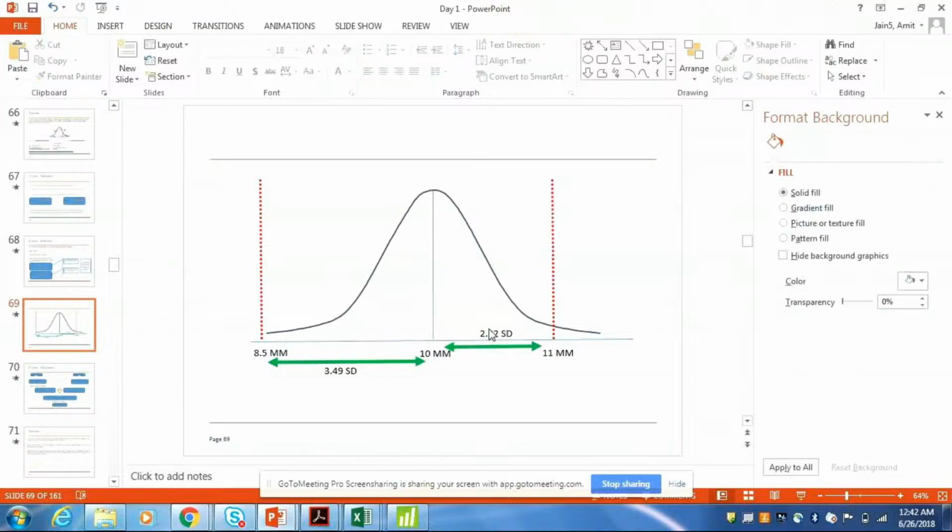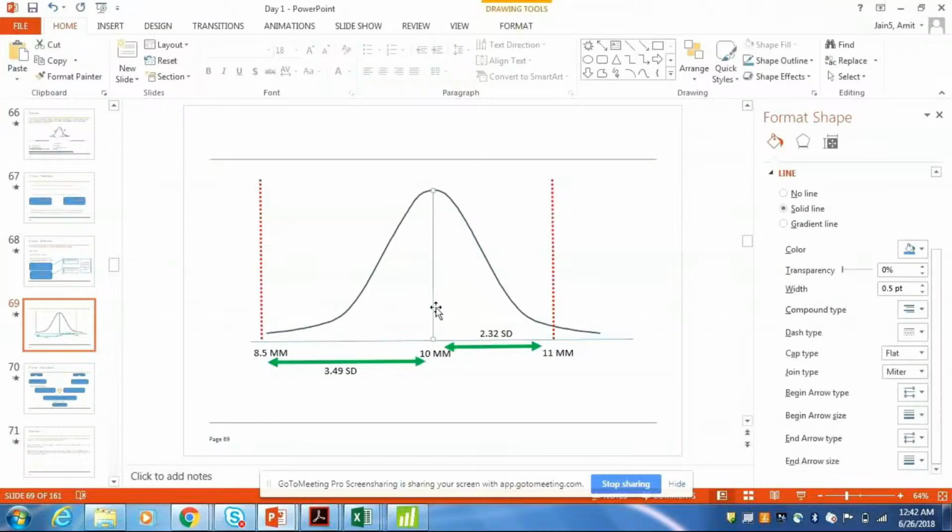Between this and this, I can fit in 2.32 standard deviations. This is the specification limit.